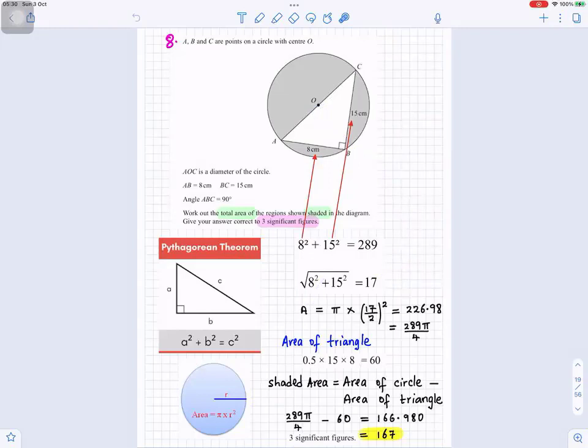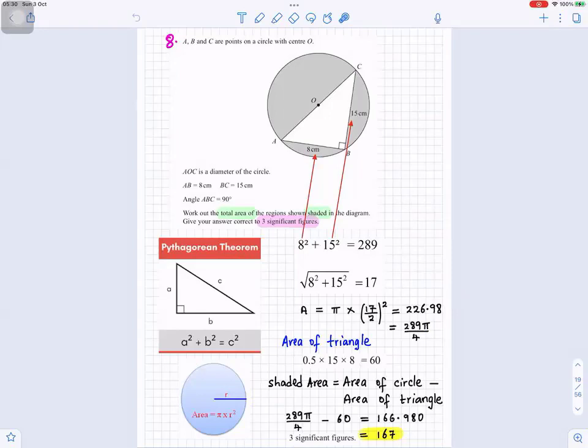Area is pi times radius squared. The radius is from the center to the outside, and that will be 17 over 2. So area is pi times radius squared, which will give you 289 pi over 4.